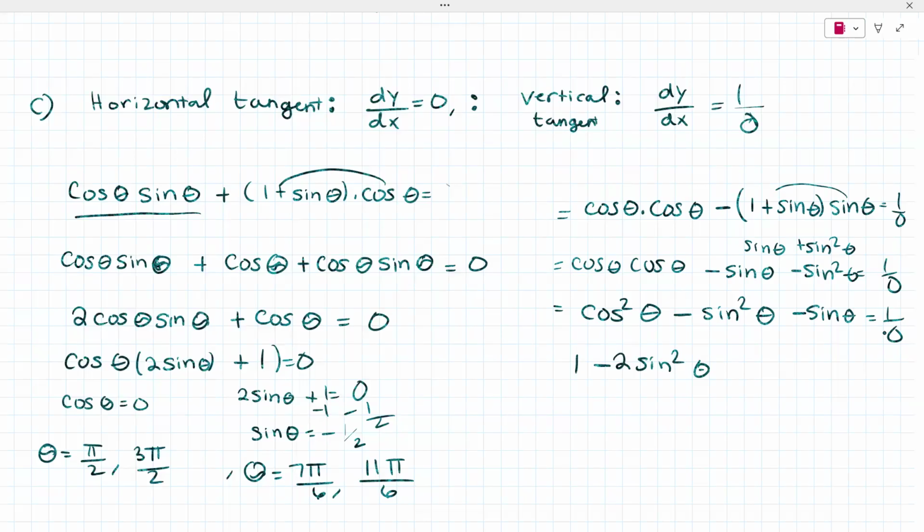And then you still have this negative sine theta. I want to factor this out. Wait, so I'm going to set this to 0, not 1 over 0. It's actually 0.